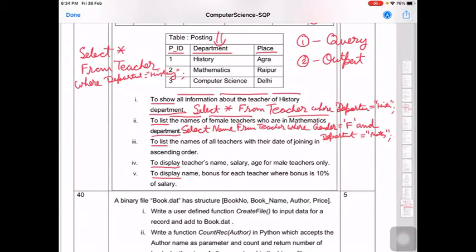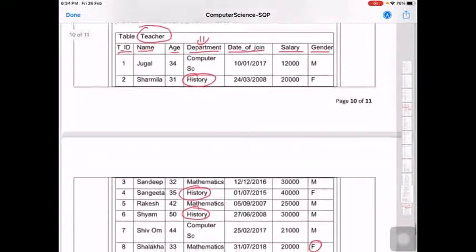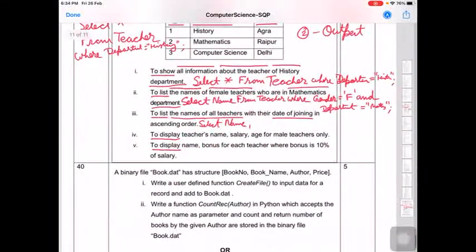Then again, third, to list means select the names. Again, you just have to mention the names of all teachers with their date of joining. That means you have two columns now, name and date_of_join. It must be as they are mentioned in the table.